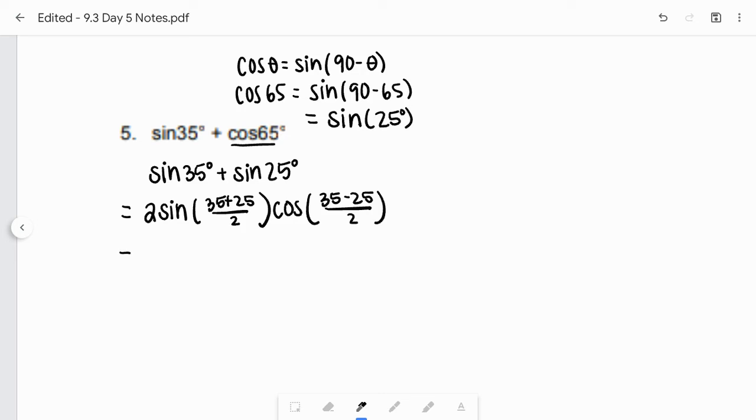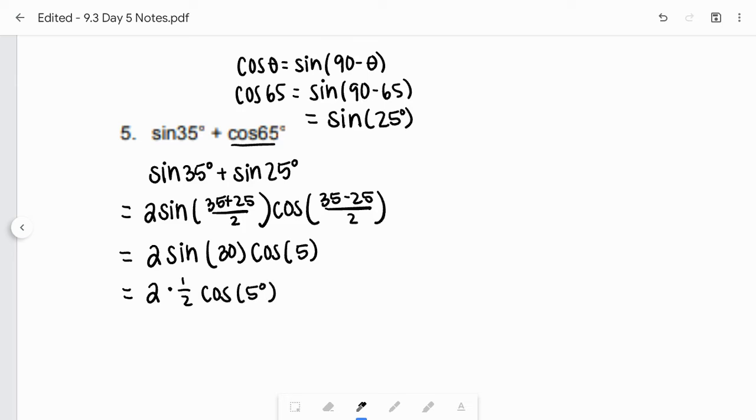Okay, so when we simplify, we've got 2 sine 30 degrees times cosine 5 degrees. Sine of 30 degrees is going to be 1/2, and then cosine 5 degrees remains. So when we simplify one step further, we just end up with cosine 5 degrees.